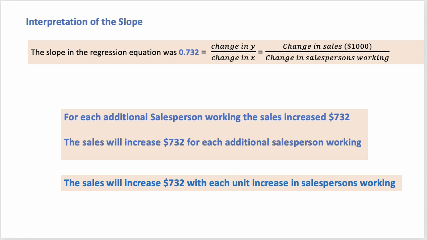So you can work it a couple of ways. You can start with the denominator and let the denominator be 1. For each additional salesperson working, so when the salespersons change by 1, the sales will increase by $732,000.